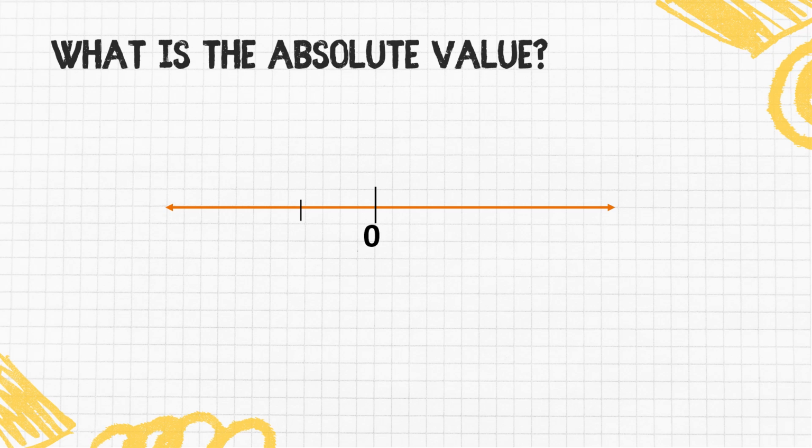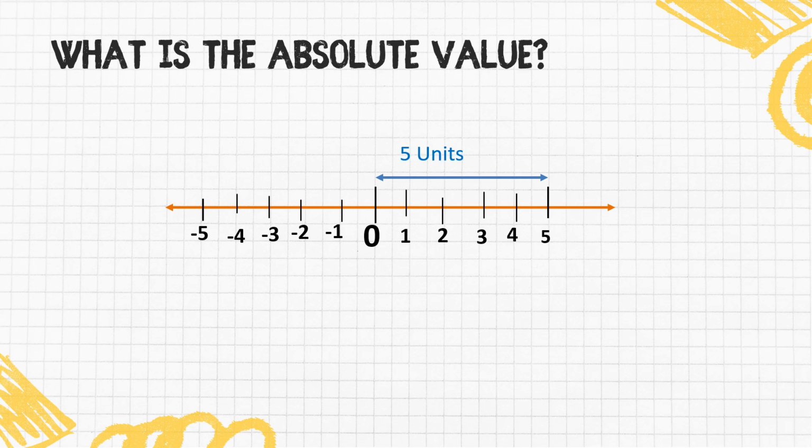This is the number line: 0, 1, 2, 3, 4, and 5, and -1, -2, -3, -4, and -5. This is 5 units from 0 to 5.